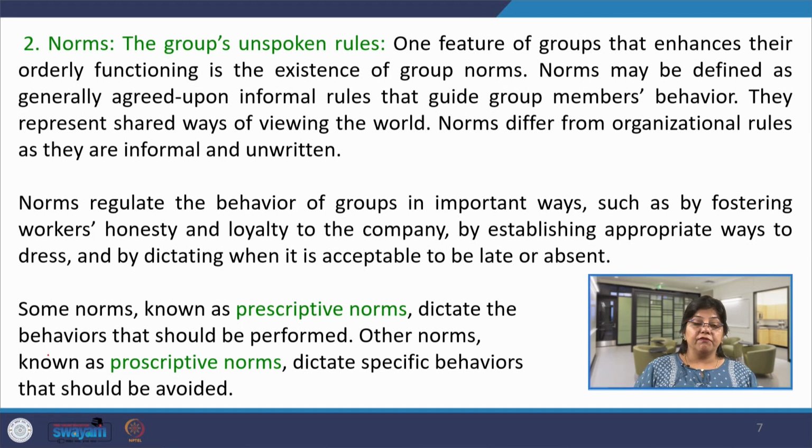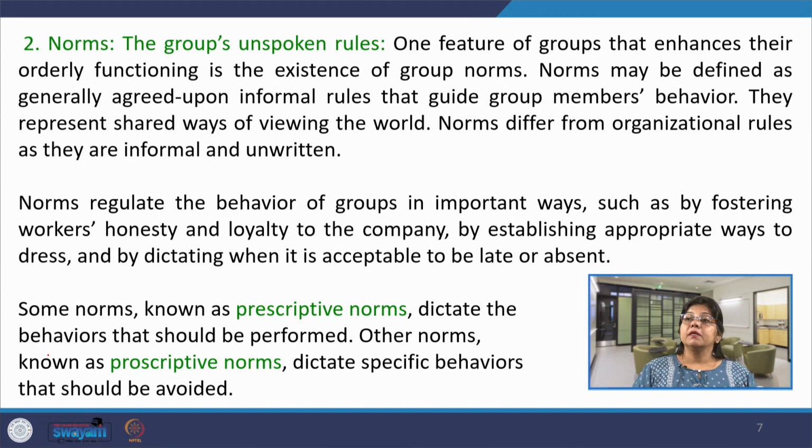So, norms may be defined as generally agreed upon informal rules that guide group members' behavior. They represent shared views of perceiving the world, and norms differ from organizational rules as they are informal and unwritten. They are unspoken, but still they are expected to be performed at the workplace.